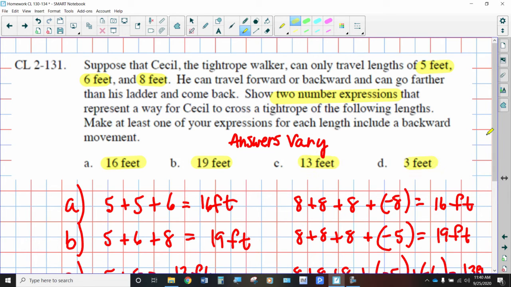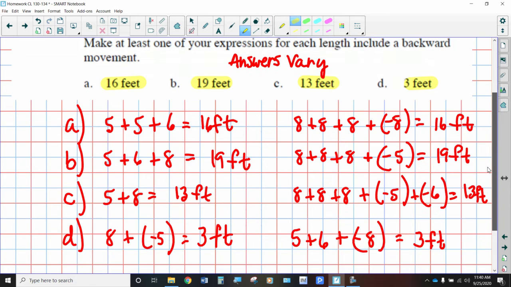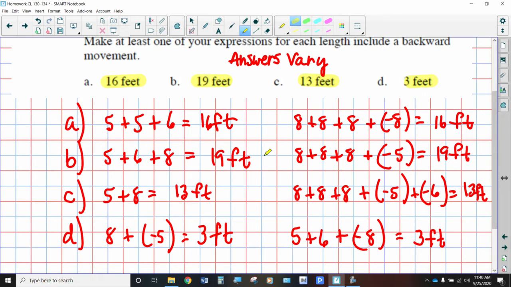So there are actually tons of different answers that you could choose. You just got to know that using the given lengths 5, 6, and 8, you can take as many steps as you want as long as the final result is equal to the number in question.